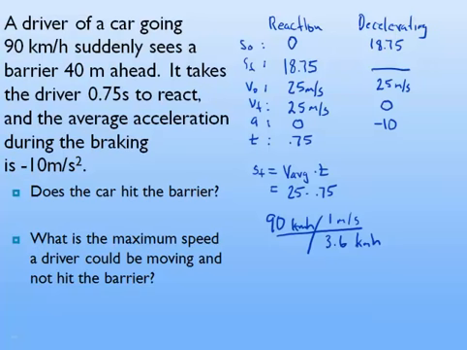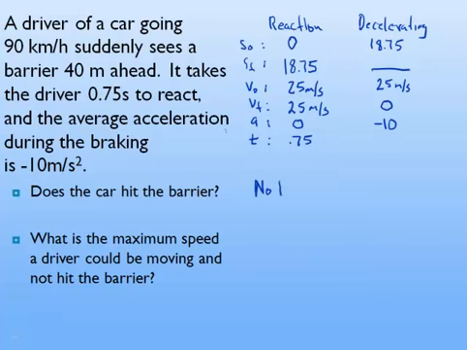Let's do that instead. The no time formula is final velocity squared equals initial velocity squared, plus 2 times the acceleration times the distance that's traveled, or SF minus S naught. Let's do SF minus S naught.